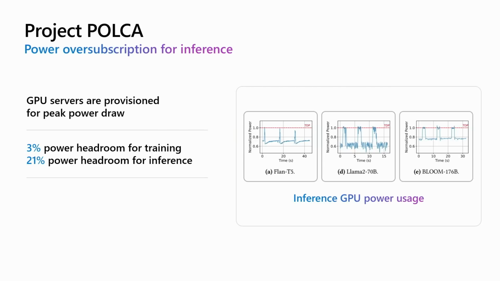So we're building systems and actually started to deploy these in our data centers that are monitoring the power draw of these GPUs and servers, and then basically oversubscribing the power, with the ability to cap or throttle when we are reaching limits. If they all happen to suddenly spike at the same time, we don't want the data center to fail. So we throttle the frequency on the servers.